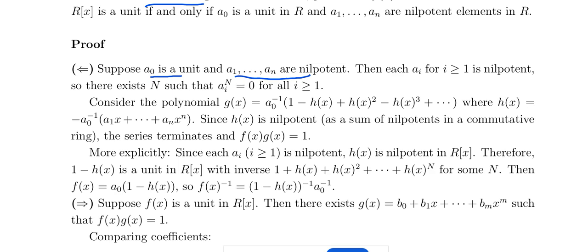So there is another element whose product with it is equal to 1. And each ai for i greater than or equal to 1 is nilpotent. That means there exists some capital N such that ai power N equals 0 for all i greater than or equal to 1.